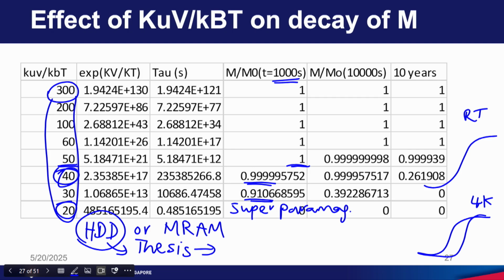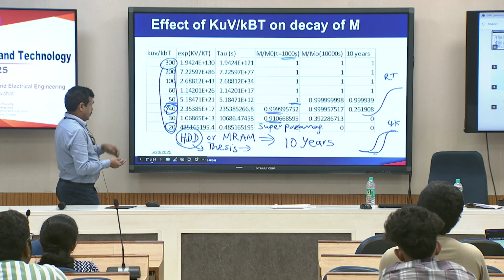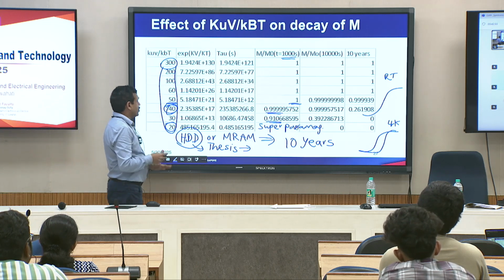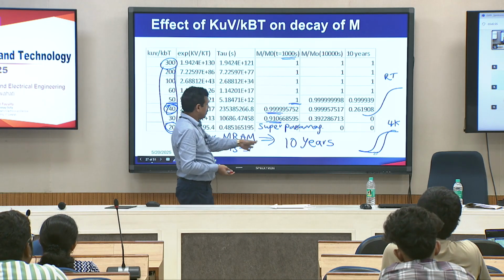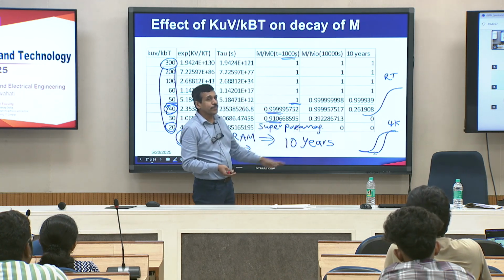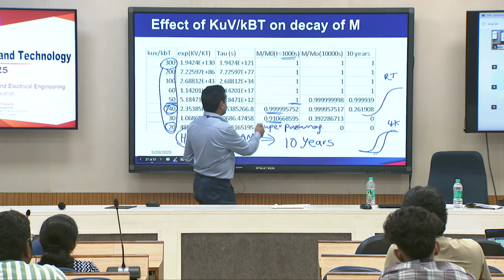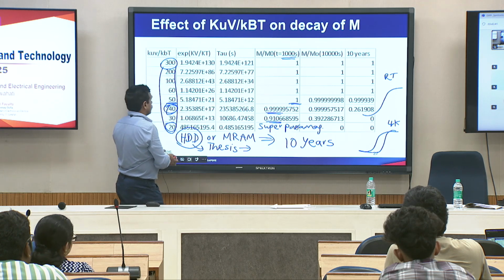So, when people sell a hard disk drive or MRAM, they will ensure that your data is stable for at least 10 years. Okay. So, if you store your data and you do not touch it, the data will be there for about 10 years. So, this is the aim.